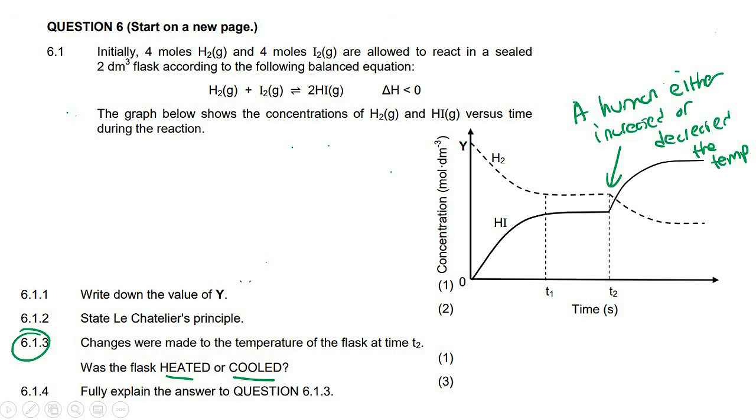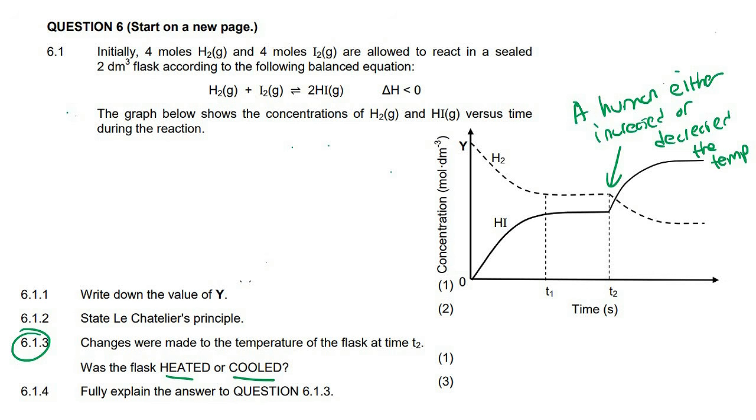The way that you figure that out is you see what the system does after that. How does the system respond after that point over there? Because if you can see how the system is responding, then you can work out what the person did, because Le Chatelier has told us that the system will always try to oppose the change.